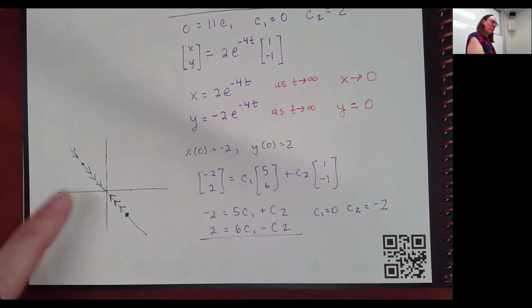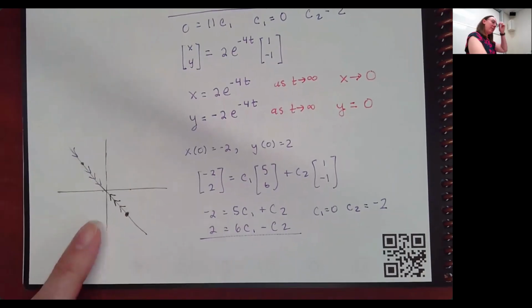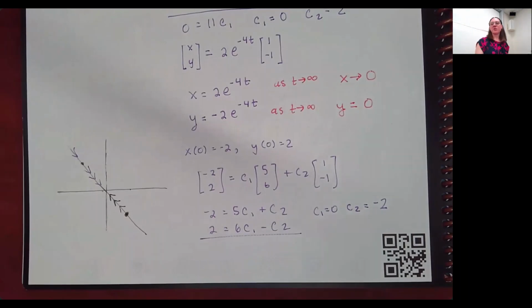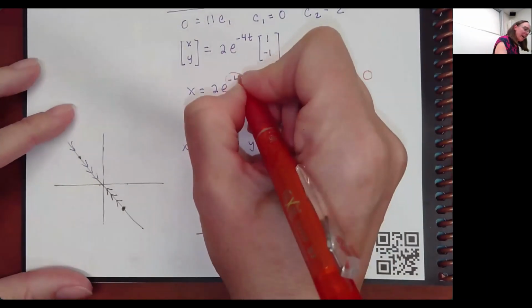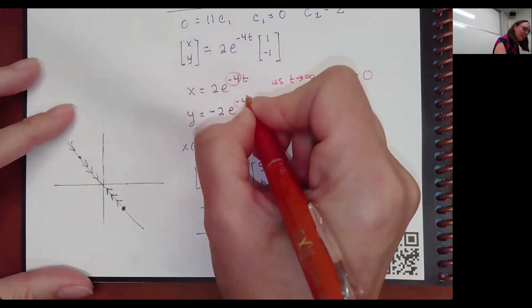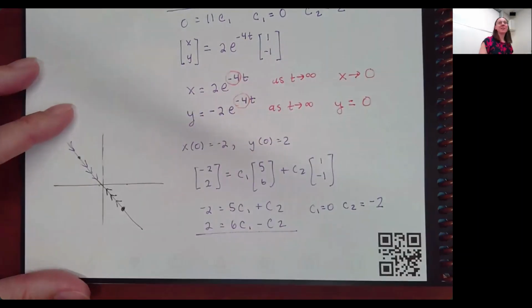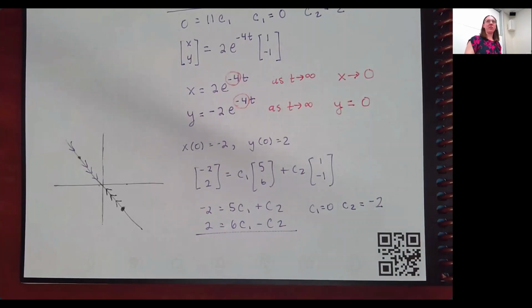And we'll play around more with this, but the moral of the story for the moment is that what determines that stability is actually what's happening in my exponents. And what's happening in my exponents comes from the eigenvalues.